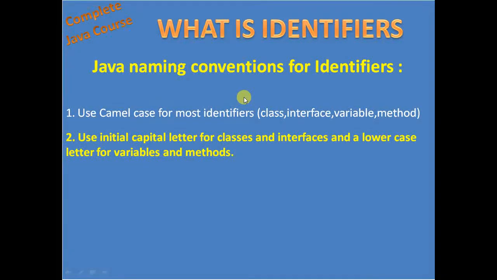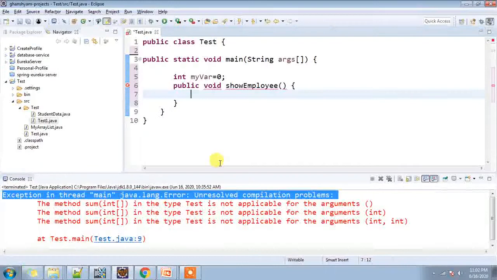Okay, now let's move to the next point, which is: use an initial capital letter for classes and interfaces and a lowercase letter for variables and methods. It means a class name should start with a capital letter, and an interface name should also start with a capital letter, and variable names and method names should start with a small letter.